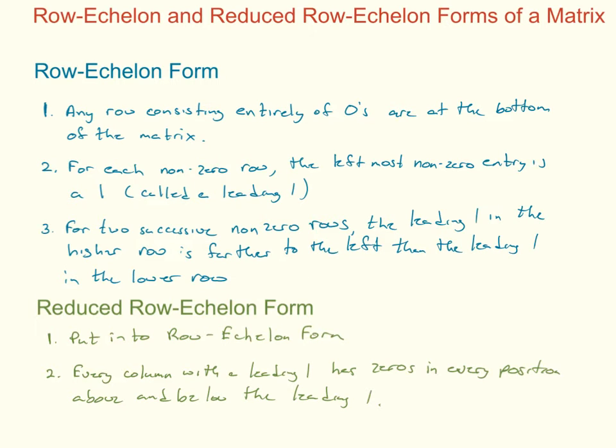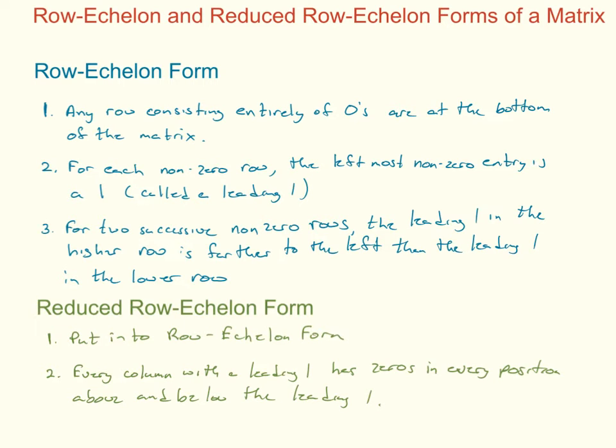The first thing we have is what's called row-echelon form. In row-echelon form, any row that has all zeros in it is going to be at the bottom of the matrix. And then for each non-zero row, so any row that does not contain all zeros, the leftmost non-zero entry is a 1, and that is called a leading 1.